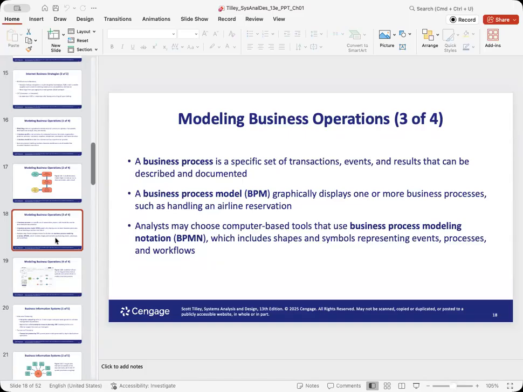Now, for an analyst, you may choose computer-based tools that you will use for your BPM. These include shapes and symbols representing events, processes, and workflows.